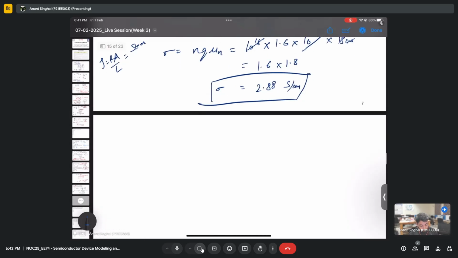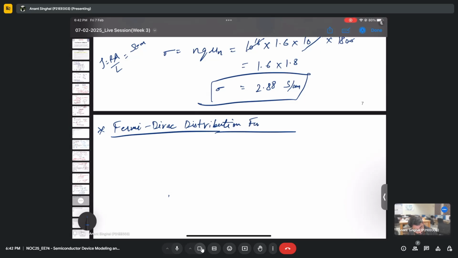So before going into further problems, let me try to introduce you to the next important topic, which is the Fermi-Dirac distribution function. Can anyone tell what is this Fermi-Dirac distribution function? Any basic idea?